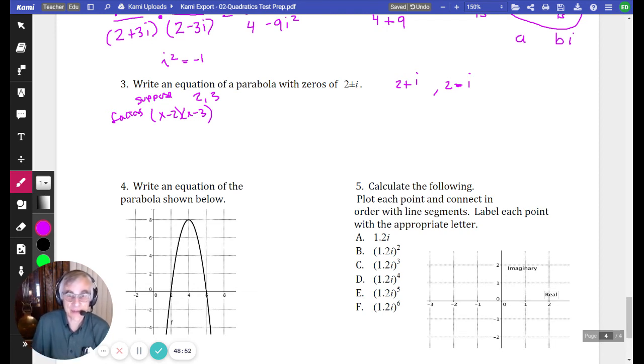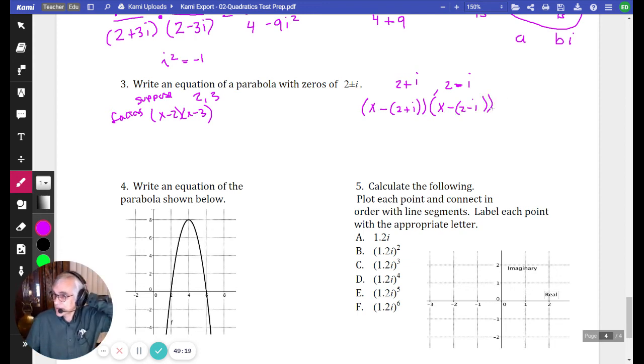So if y equals x minus 2 times x minus 3, that would have zeros of 2 and 3. So by similar reasoning, I could say here that we have factors of x minus (2 plus i) and x minus (2 minus i). So that would be an expression.